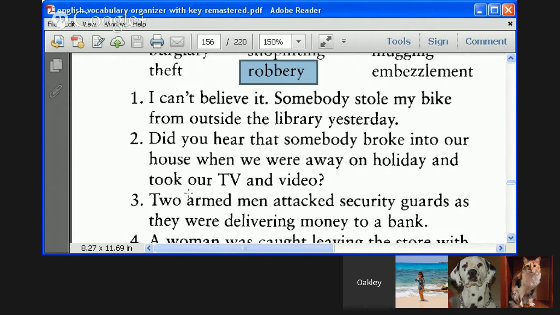Mauricio, a little pronunciation. Armed. Yes, armed. The D, no extra syllable, no extra vowel sound. And the sound is D or T? D. Armed. Now this is an adjective here, but it can be a verb. To arm someone is to give them weapons.